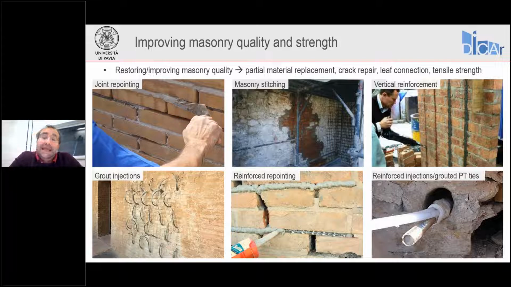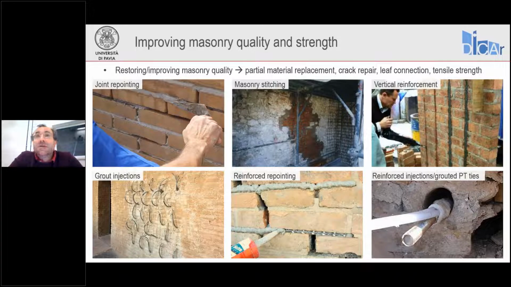Or we may aim at improving the tensile strength of the masonry material just by adding reinforcement within slots, like in the top right photo. In that case, the intervention is the insertion of vertical reinforcing elements. It can be steel or composite bars or plates.